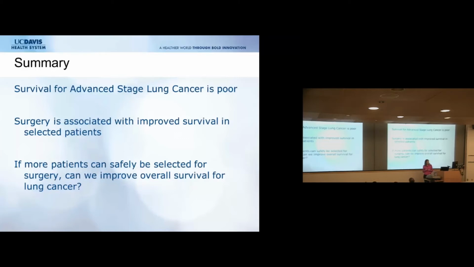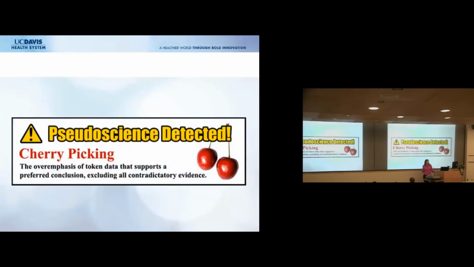So what we need to get better at is identifying those patients who may benefit and then implementing those therapies. So it's very important that we remember all the biases that I talked about in the beginning, so that someday we may be able to influence and improve overall survival for lung cancer.